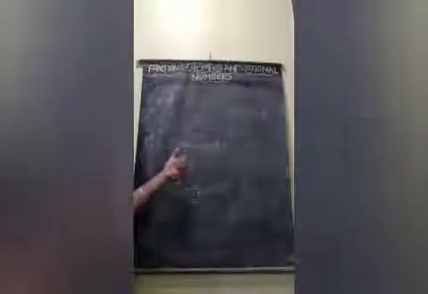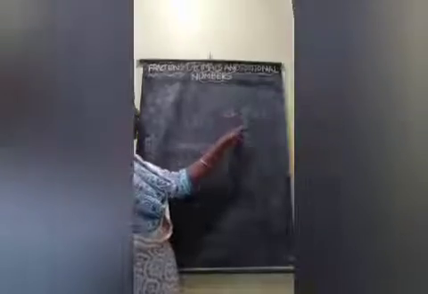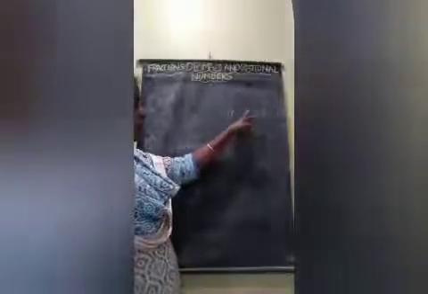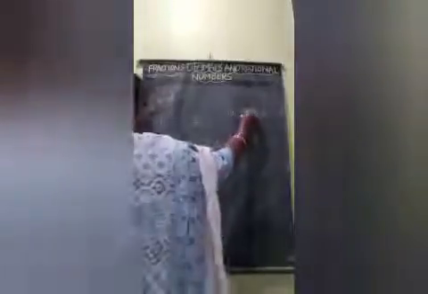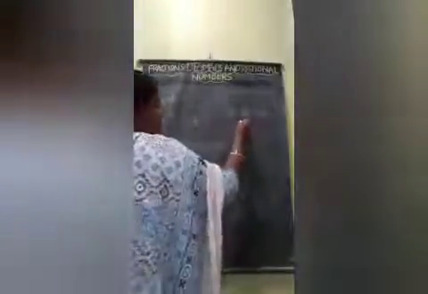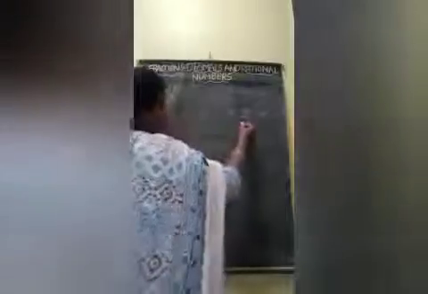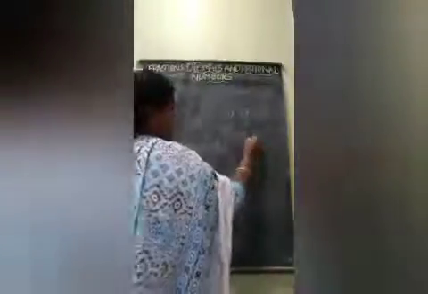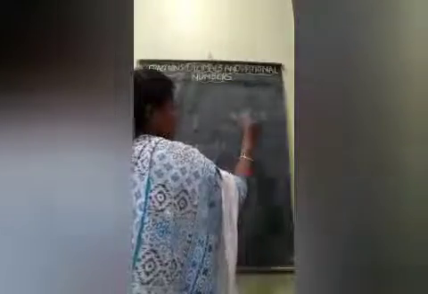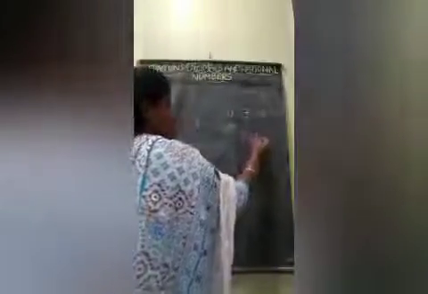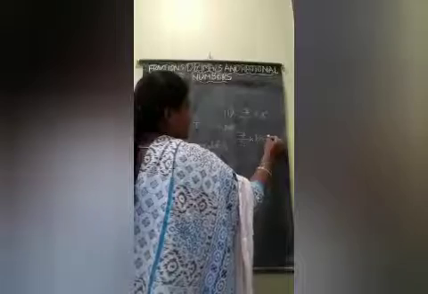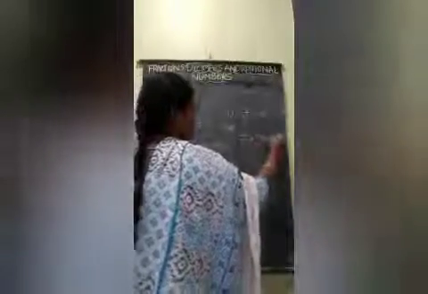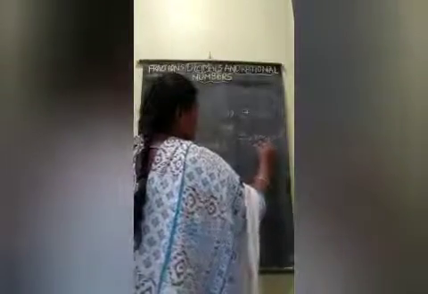Next one. 7 by 8 divided by 5. That is equal to 7 by 8 divided by the whole number. That means 7 by 8 multiplied with the reciprocal of 5.